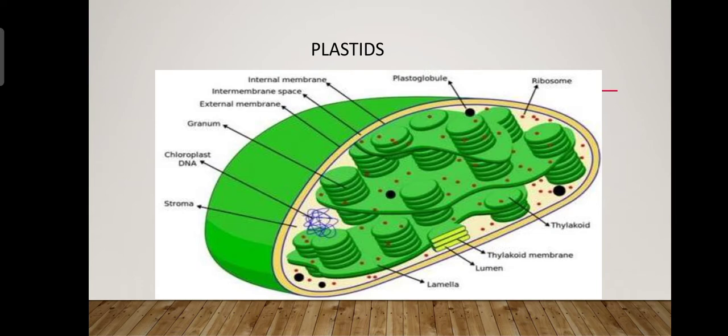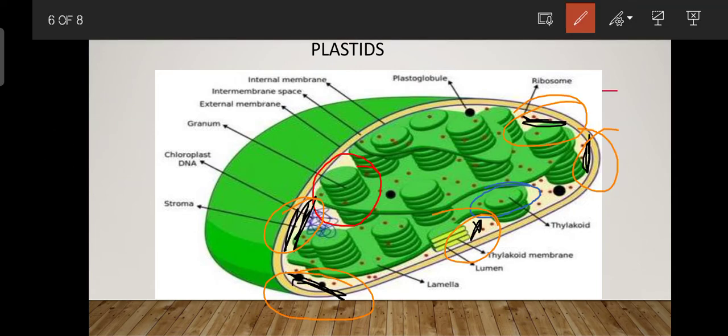Then you can see the picture. The red circle looks like a bundle of coins. It is the granum part of the plastids.